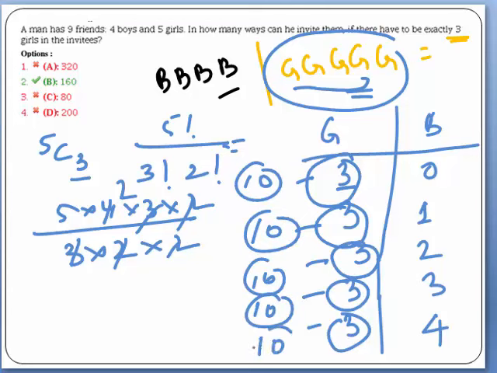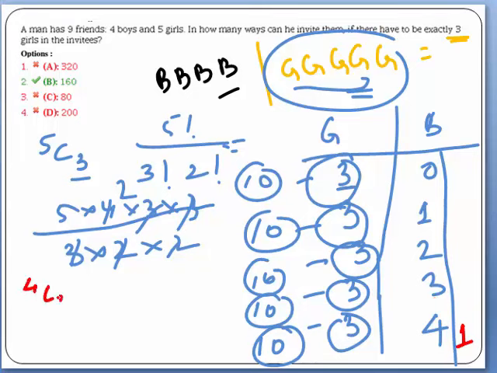Now let's get on to boys. If you have to choose 4 boys out of 4, you know that there is only one possible way of doing it. If you have to pick up 3 boys out of 4, it will be 4C3, which is nothing but 4.